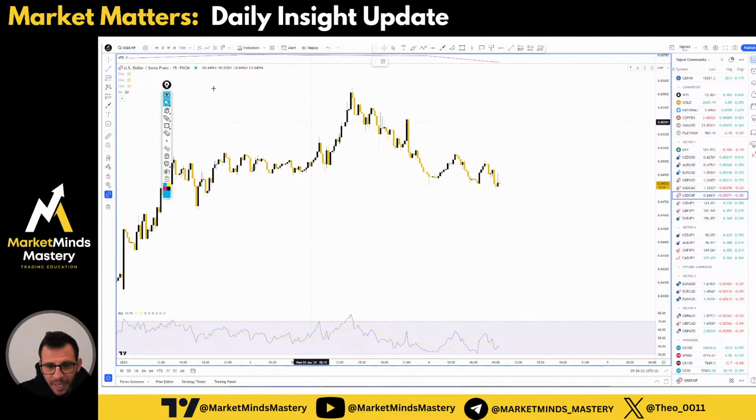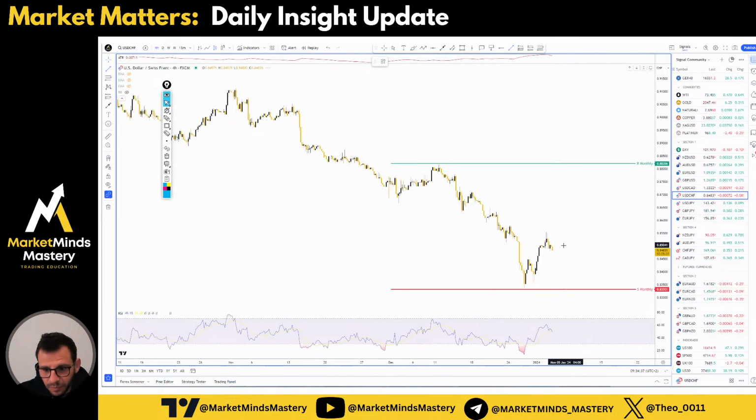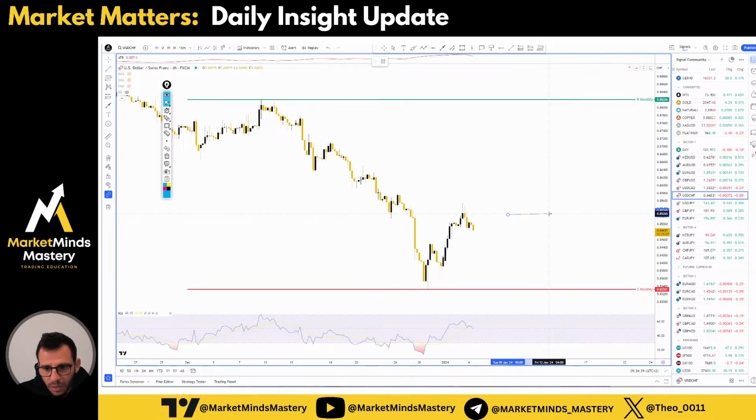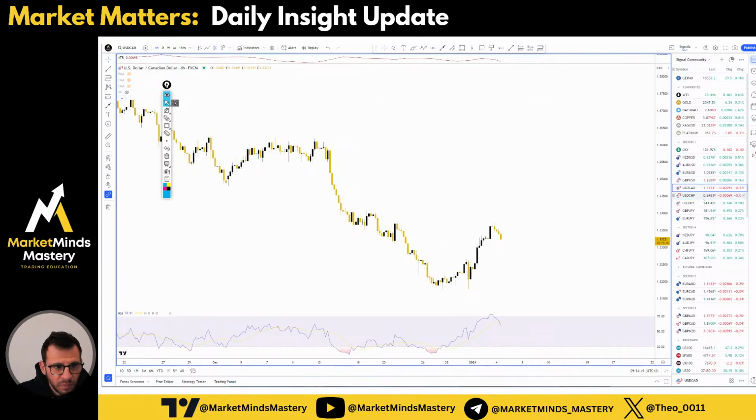Let's explain the USD CAD, USD CHF, another interesting currency pair. The market on the USD Swissy, why we don't see the moving average here?